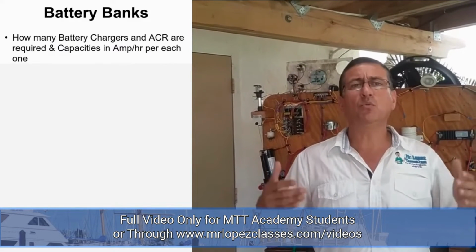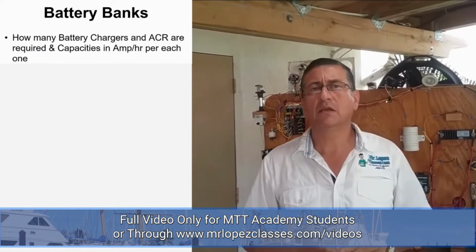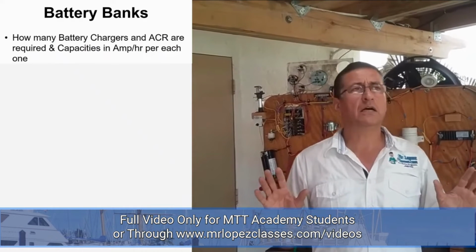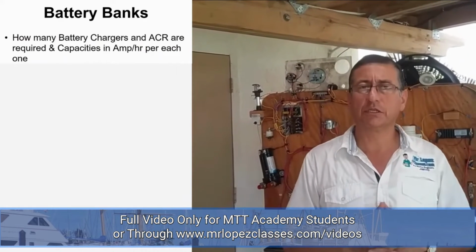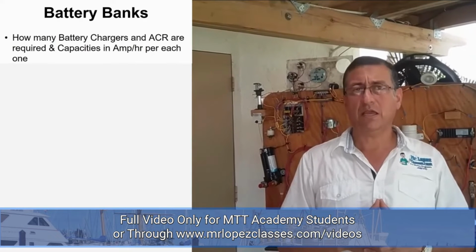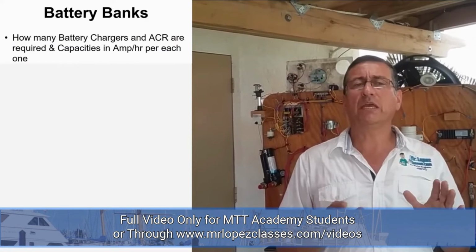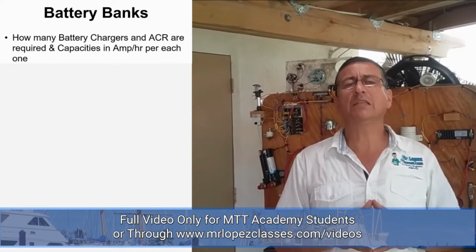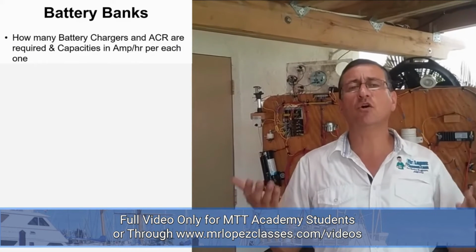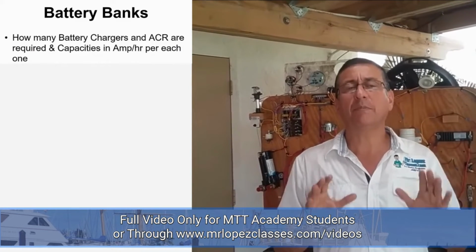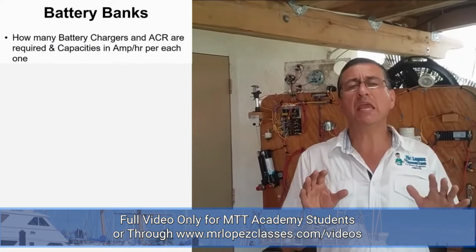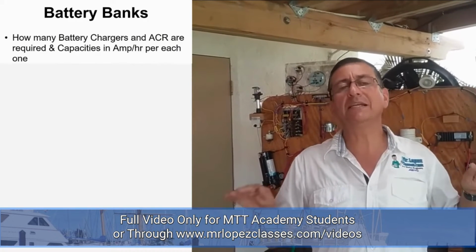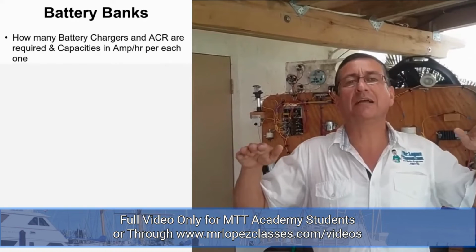Normally in a boat with 6 groups of batteries, it's possible that you have 2 or 3 battery chargers, and you need to identify where to locate those battery chargers and what their capacity will be. Remember, the capacity of the battery chargers will be according with the capacity of the banks plus 10 or 20% additional.